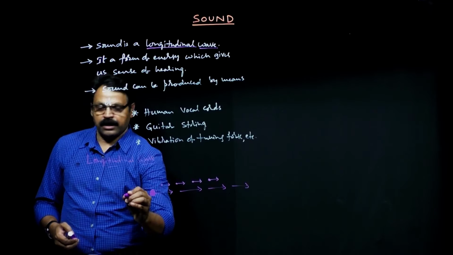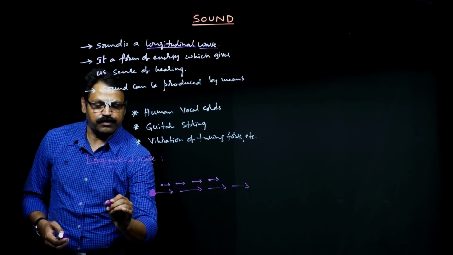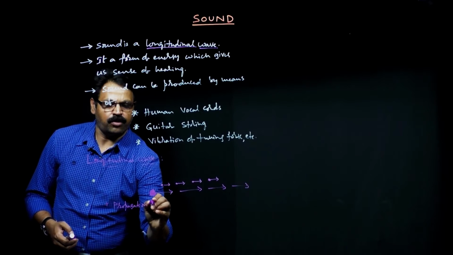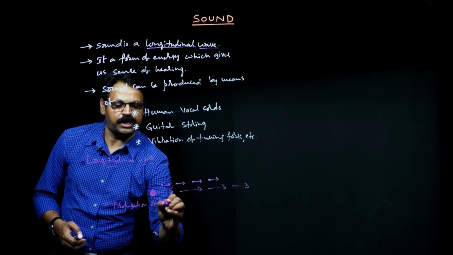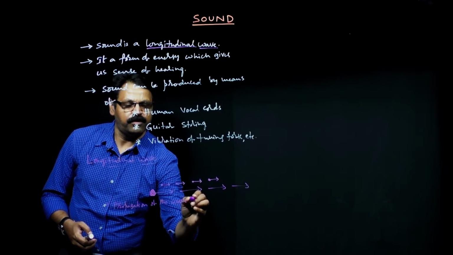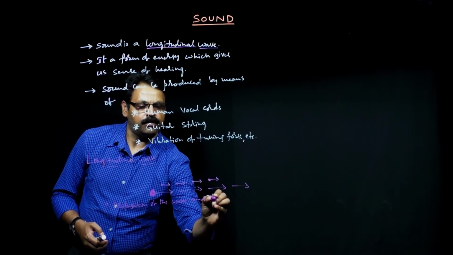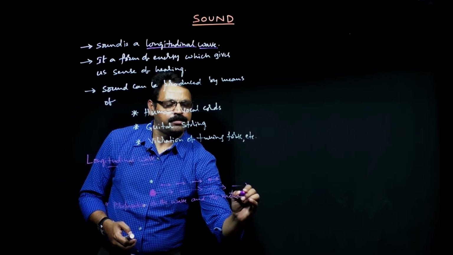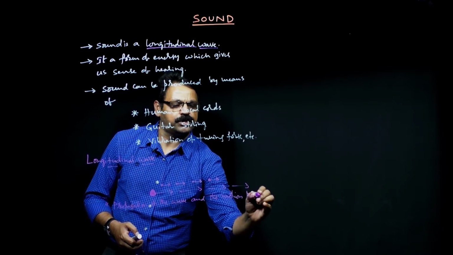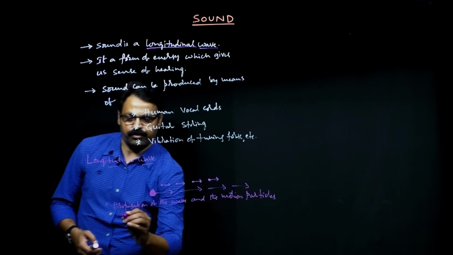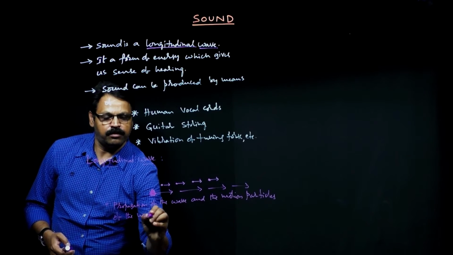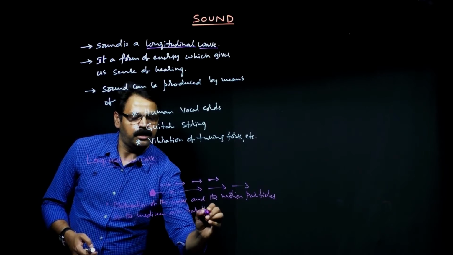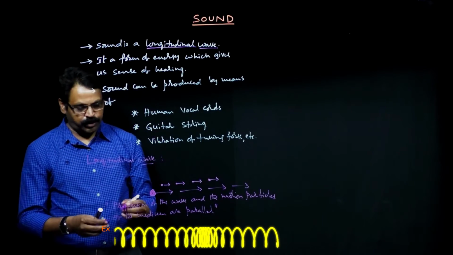So we can define a longitudinal wave: the propagation of the wave and the motion of the particles of the medium are parallel. This is an important point to note down.